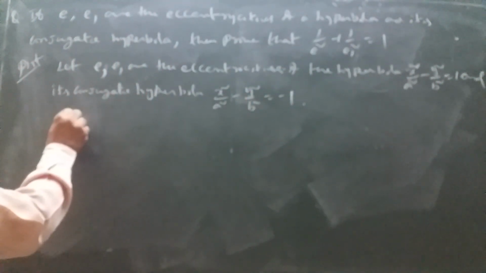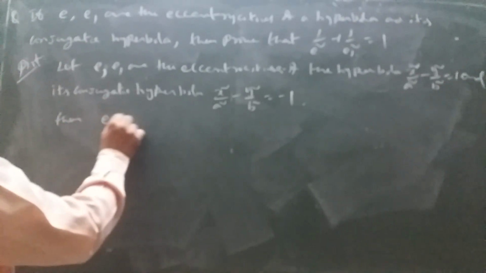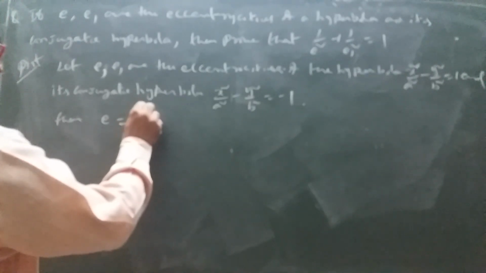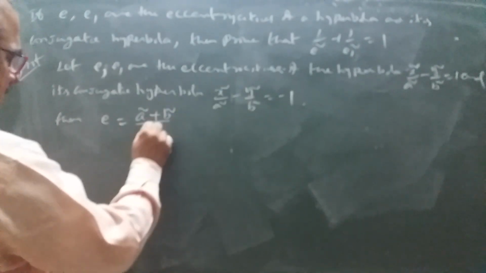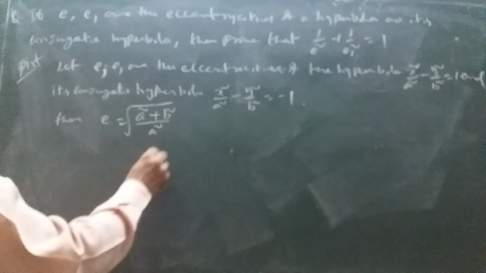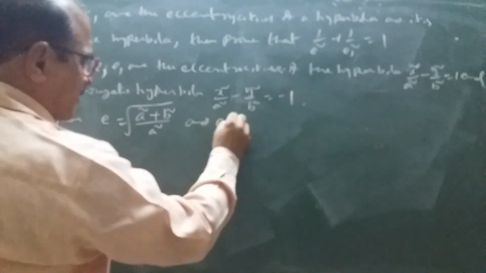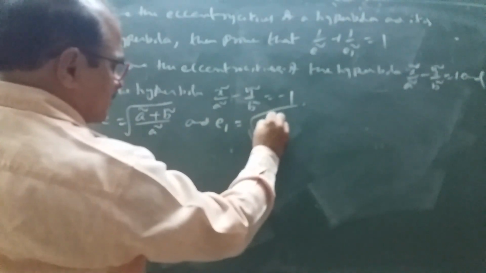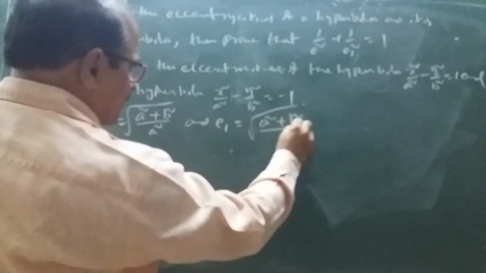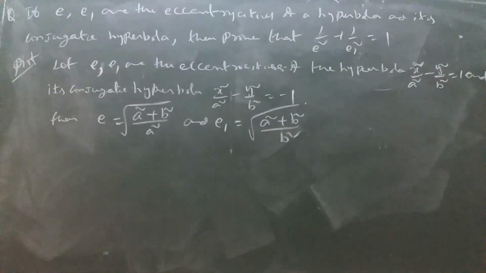Then, by the definition of eccentricity, we know that E is equal to root of a square plus b square by a square, and E1 is equal to root of a square plus b square by b square. This we already discussed.